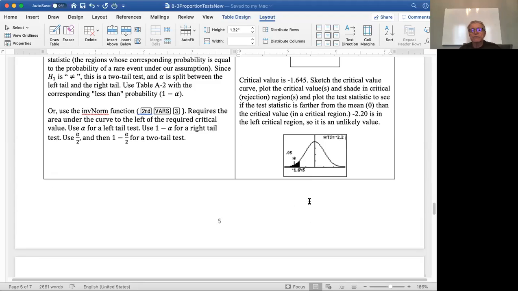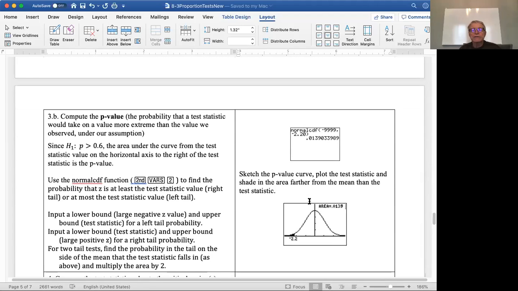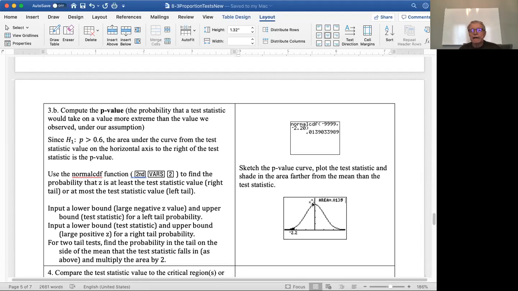So that tells us what we take into the wording of our decision. Let's look at the p-value now. Remember that the p-value is basically the area underneath the curve farther from the mean than the test statistic.